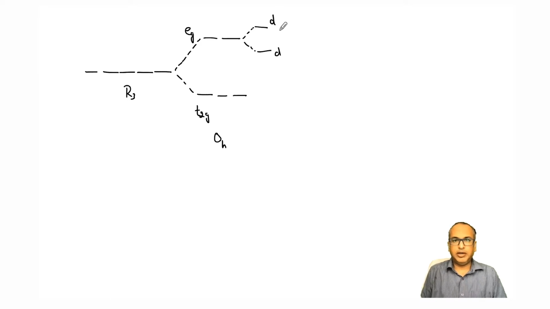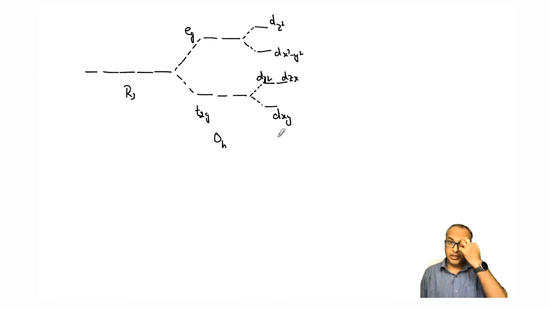So you will have dz square and dx square minus y square, and the corresponding symmetries will come here, and you will have 2 here, dxy will be lower, dyz and dzx. So this will be D4H only, but this is the case of tetragonal compression.